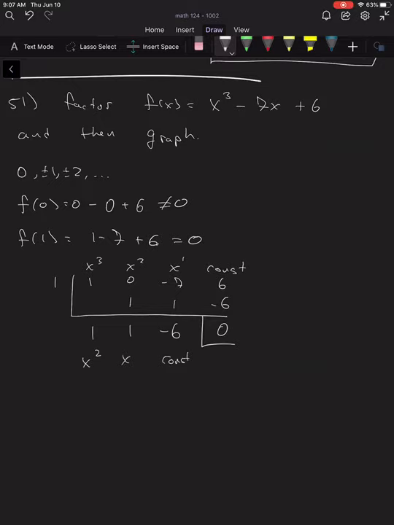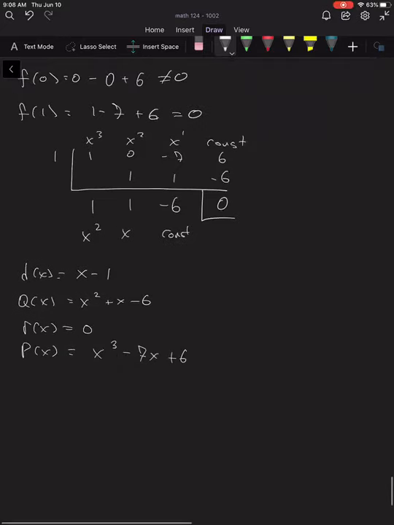So what is everything? Well, our d of x is always x minus whatever that number is, so x minus 1. Then our q of x is 1x squared plus x minus 6. It comes from these numbers. The remainder is 0, which is what we needed. And then our p of x was given to us, x to the 3 minus 7x plus 6.